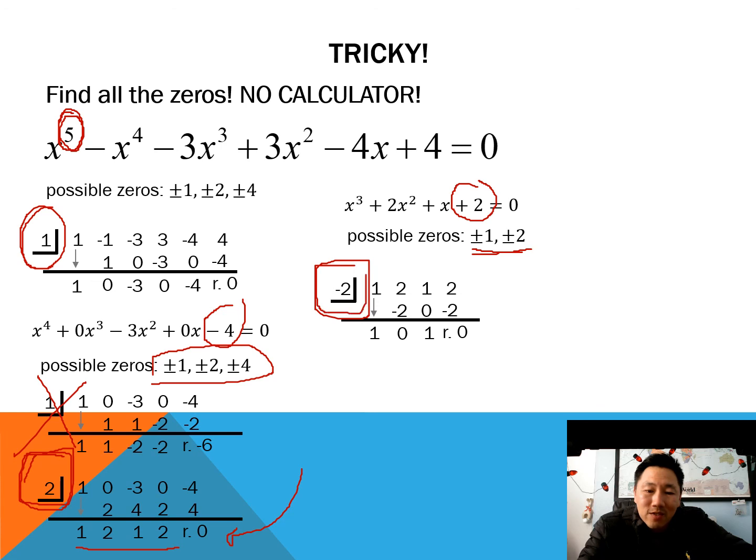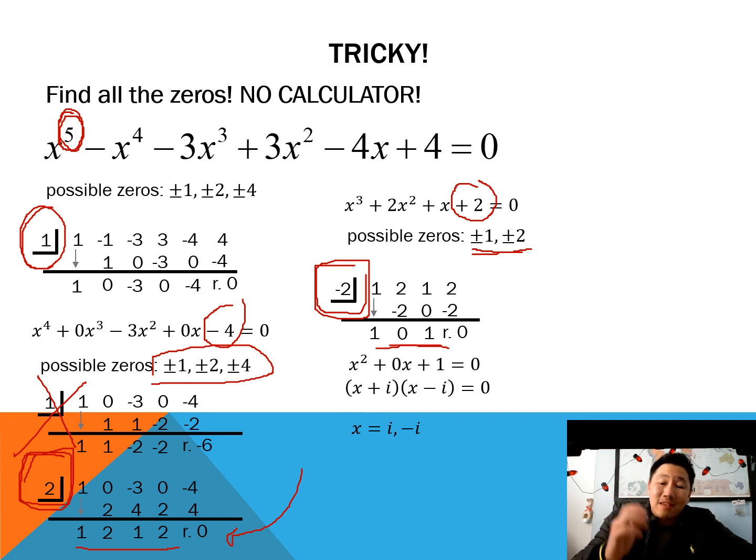So we got 3 answers. Go ahead and write another polynomial with these coefficients. And now we finally got the equation down to a quadratic. You get to use a quadratic formula. If you don't want to use a quadratic formula with this one, you don't have to, because this one actually is the sum of perfect squares.